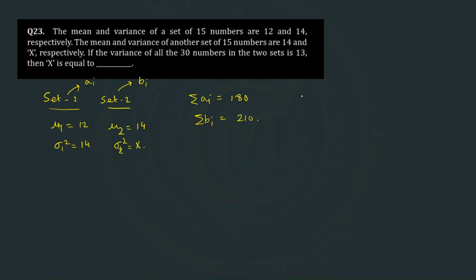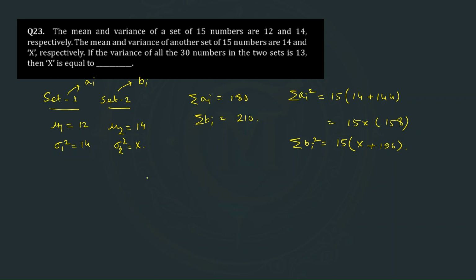We can calculate summation ai square from this information: summation ai square will be the number of elements in the set times the variance of the first set, that is 14, plus the square of the mean, 144. That comes out to be 15 times 158, so this much. Now summation bi square we can calculate; it will be the number of terms times the variance plus the square of the mean, that is 196. So this much.